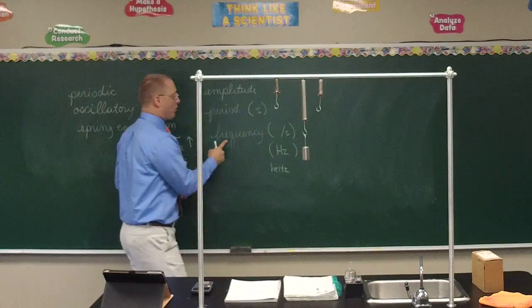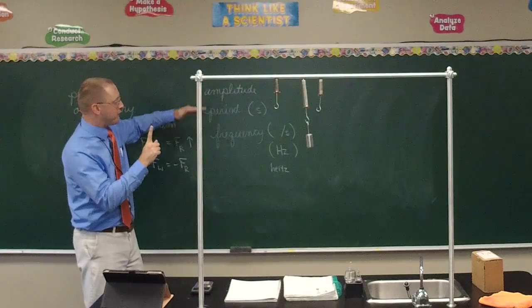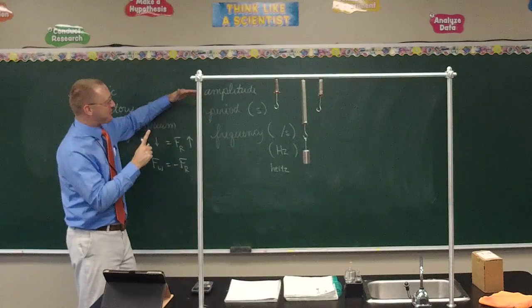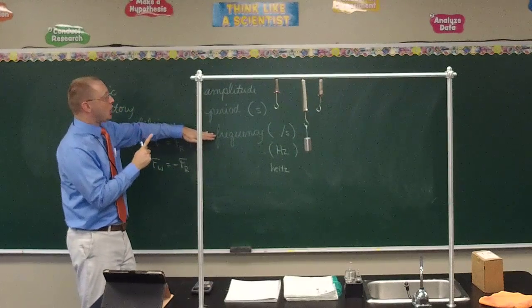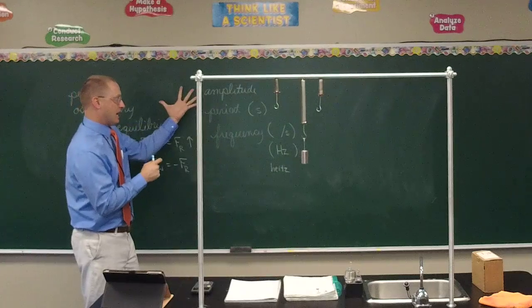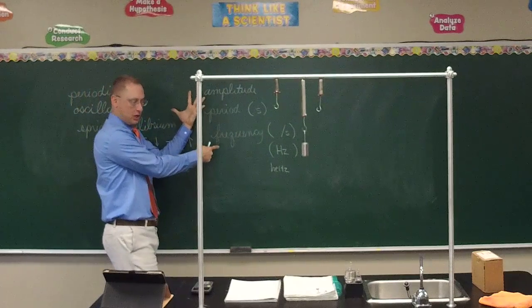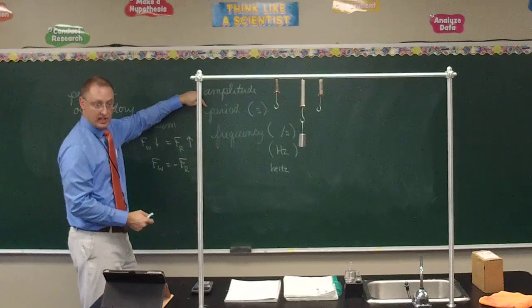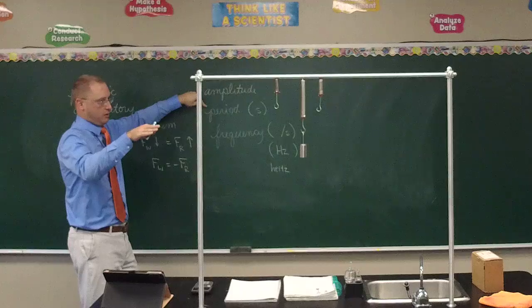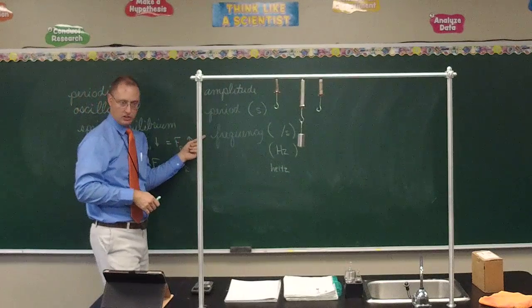Now frequency then, you understand, the longer it takes for one oscillation, the fewer oscillations per second, correct? So if it takes 5 seconds for a single oscillation, then a fifth of an oscillation will be accomplished in each second. But if you get an oscillation in a fourth of a second, you can do 4 oscillations per second.